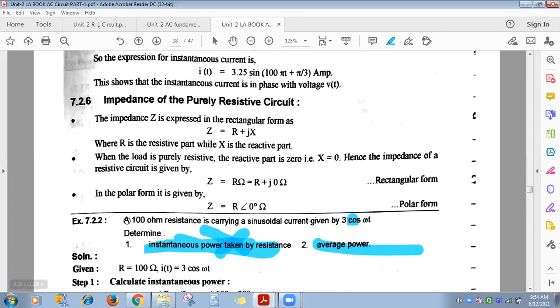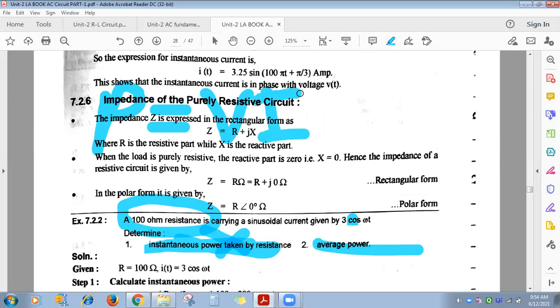Is it a case of purely resistance? Yes, it's a resistance. What is the formula for power consumed that we have seen for resistance? VI, that is VRMS into IRMS. But here, what is given to you? Resistance is given and the current waveform is given, 3 sine omega t, a sinusoidal current.